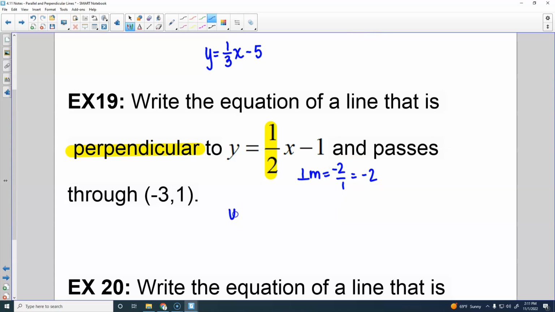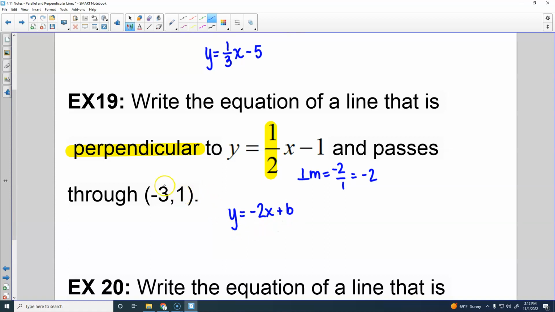So we've got y equals negative 2x plus b. You want to make sure that you are using the perpendicular slope in this equation right here. Sometimes some students will do 1/2 here and put the plus b and then find a y-intercept before they flip and change the sign on their slope. Slope's always got to be done first, okay?